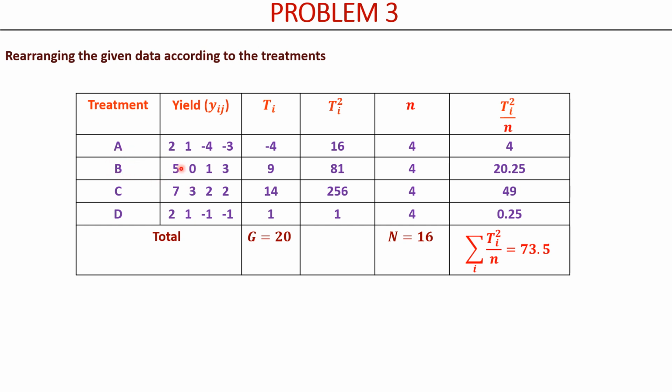For treatment A, it is 2, 1, minus 4, minus 3. By taking the treatment A application along 4 rows, we calculated Ti square, N, added up, and took the mean treatment values. Now we have found all of them. Let's calculate the sum of squares after we know the values of G, N, and the three mean values.